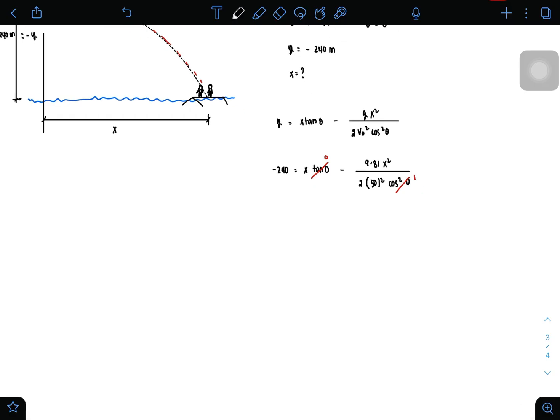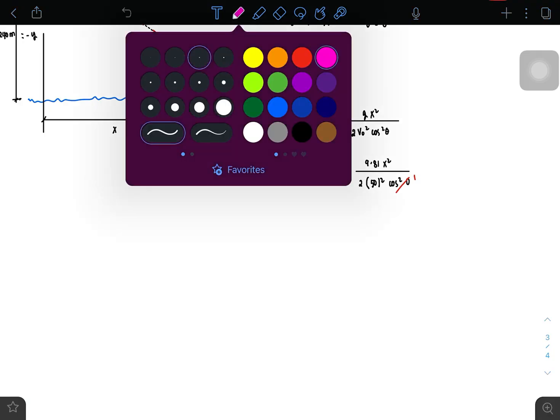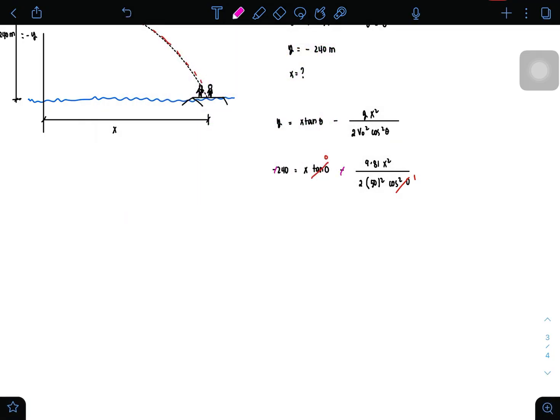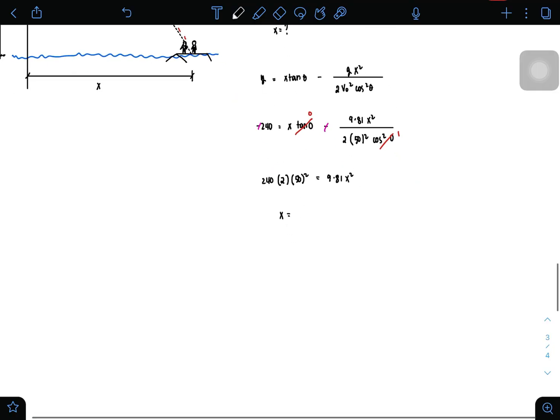The negative signs can be cancelled because they're on both sides. So this is now 240 times 2 times 50 squared equals 9.81 x squared. So our x, or the distance where it's going to be released, is here.